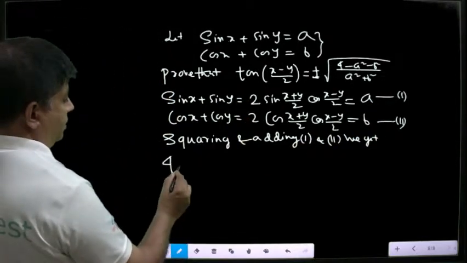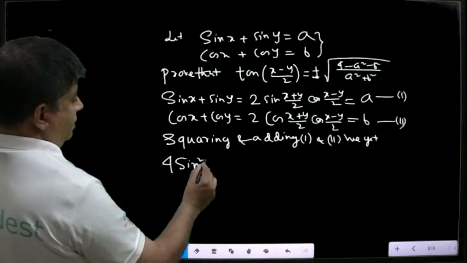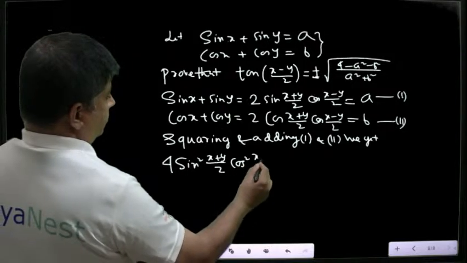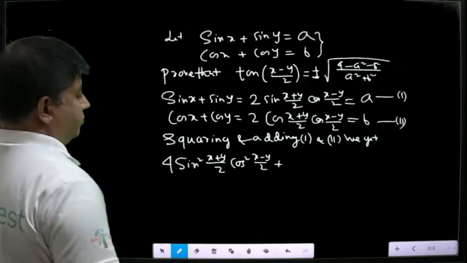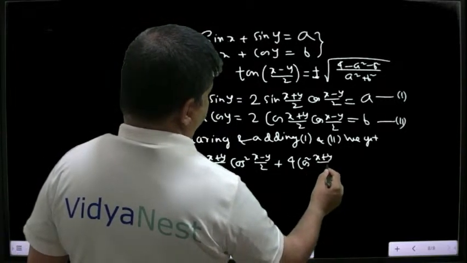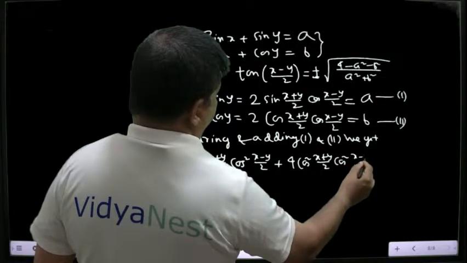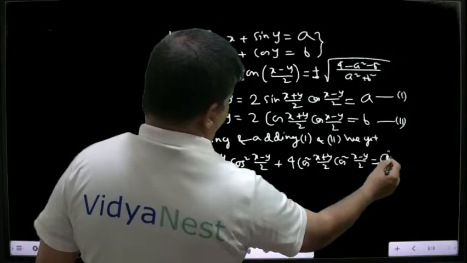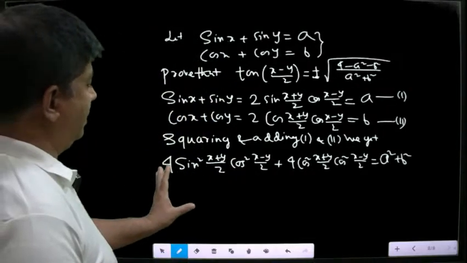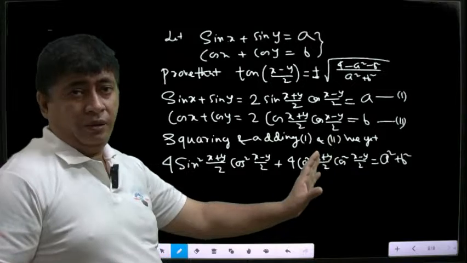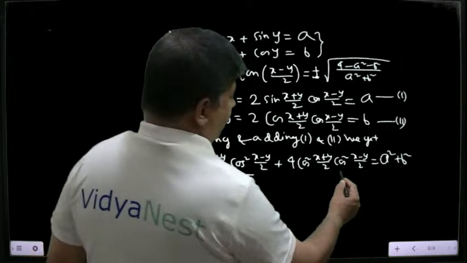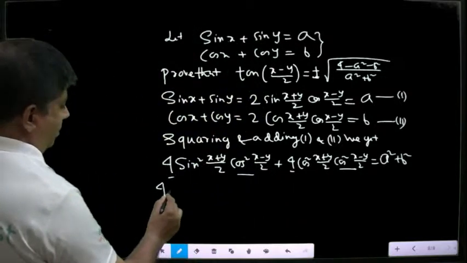See, 4 sin square. Okay. Once you get this result, in open eye, what is visible? Common. See, 4 cos square ((x minus y) by 2) will be taken common.